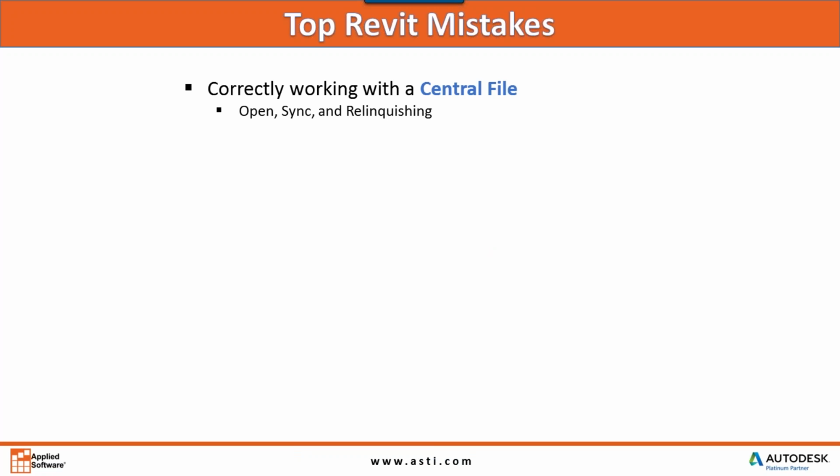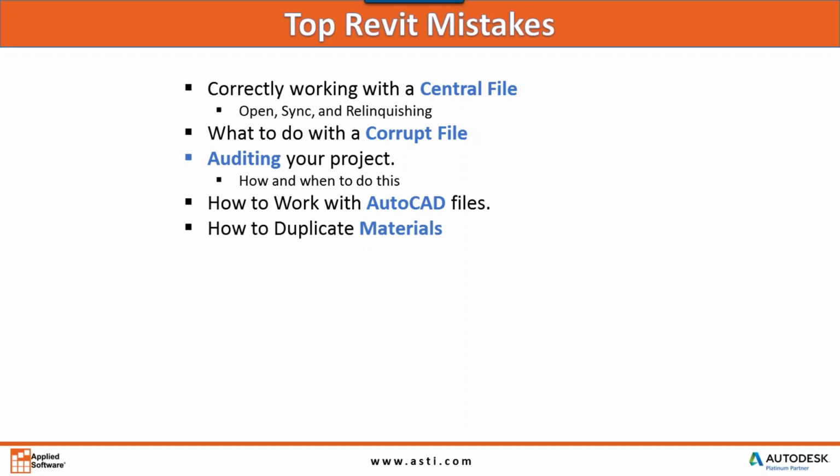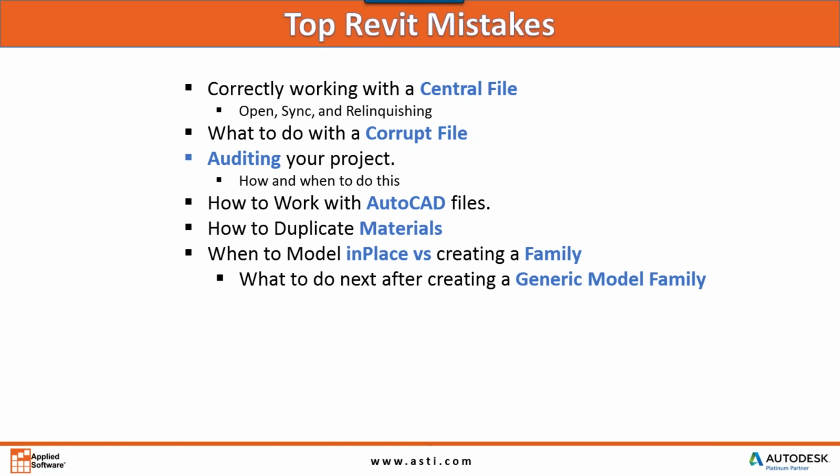We're going to talk about how to correctly open, sync, and relinquish those, what to do with a corrupt file in Revit, auditing your project, how and when to do this, how to work with AutoCAD files, how to duplicate materials and how to use them in Revit, when to use model in place versus creating a family, and what to do after creating that generic family.